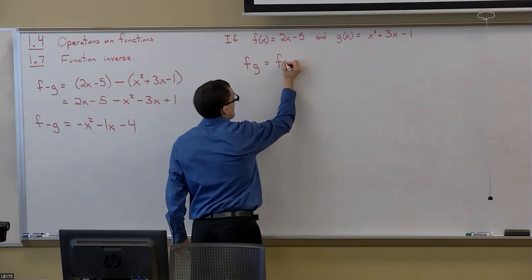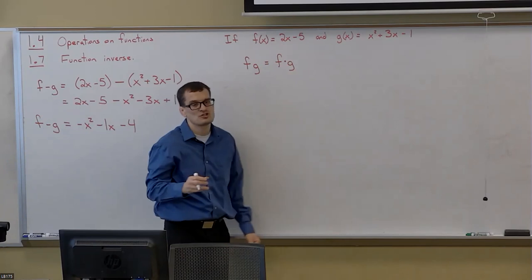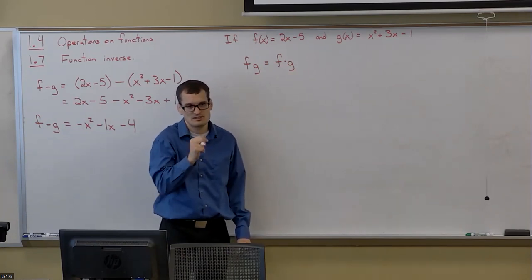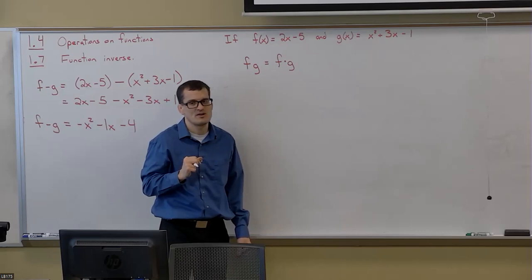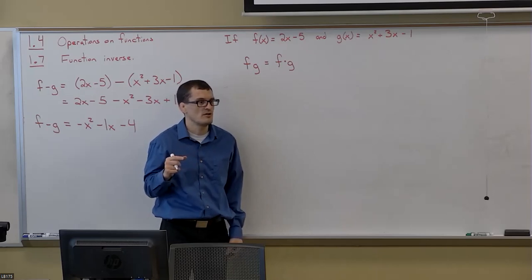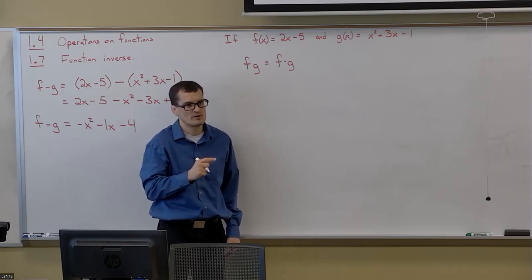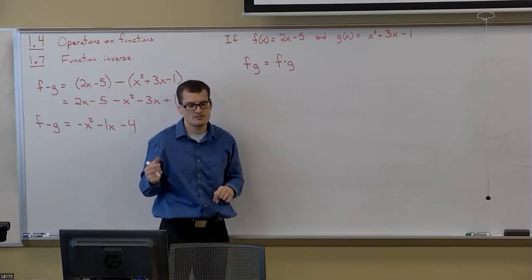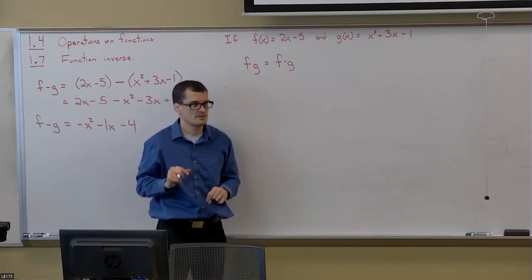If you write a multiplication symbol in, make sure it's a small little dot or an X. Okay. Because we're going to have another symbol that's an open circle that means something else, means composition. Make sure that when you write it, you can see that that's a multiplication symbol and not a composition symbol, which we'll see later. Okay, just a moment.